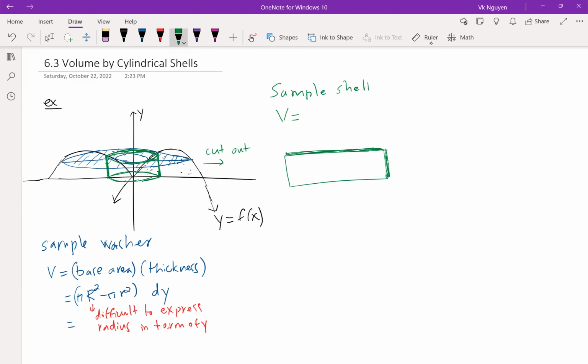So what we have is the circumference of the circle, it's 2 pi r. And then we have the height y. And then we also have a little thickness right here.